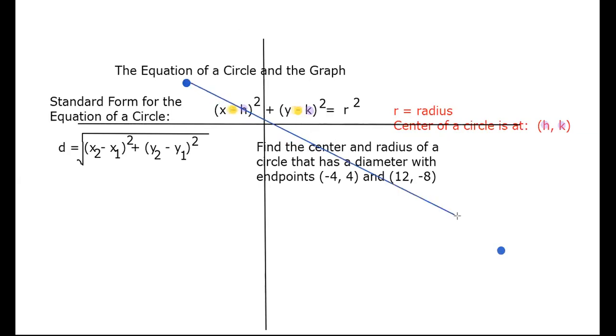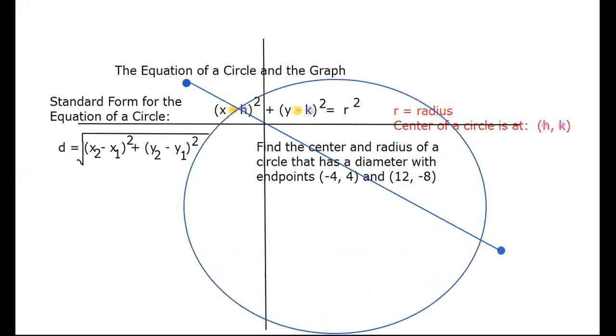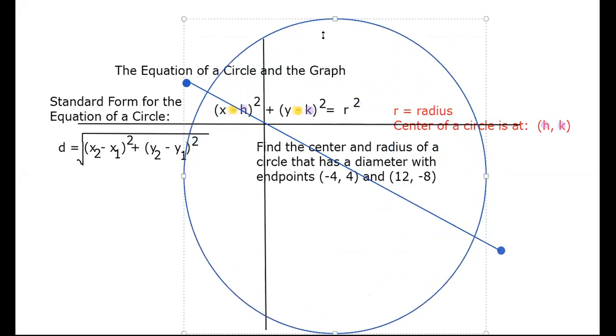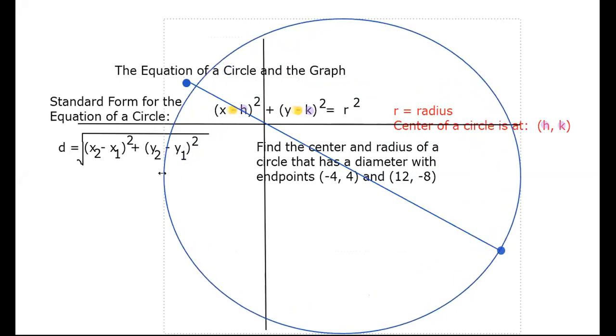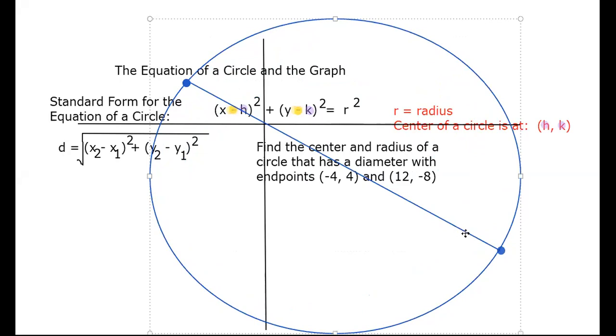There is no way for me to look at that and count squares to figure out the length of that diameter. But this is my circle. This is a big, huge circle, because that diameter goes right across the middle of the circle. What I need to know is the radius.